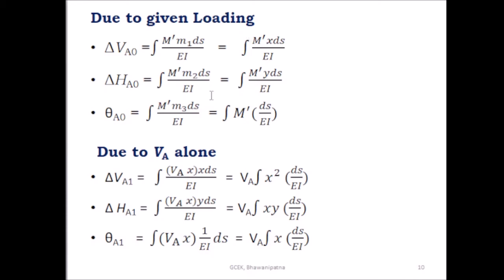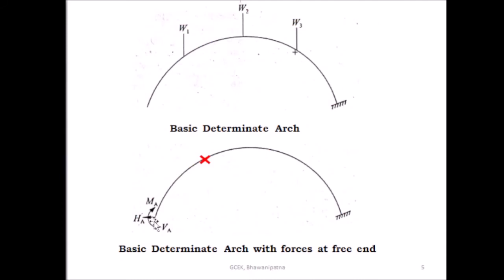Then find out due to the VA alone. This is the vertical reaction at A, this is the horizontal reaction at A, this is the moment at A. Due to this vertical reaction, what is the moment here? VA into the horizontal distance x, VA into x. And due to the horizontal reaction, what is the moment here? HA into y.